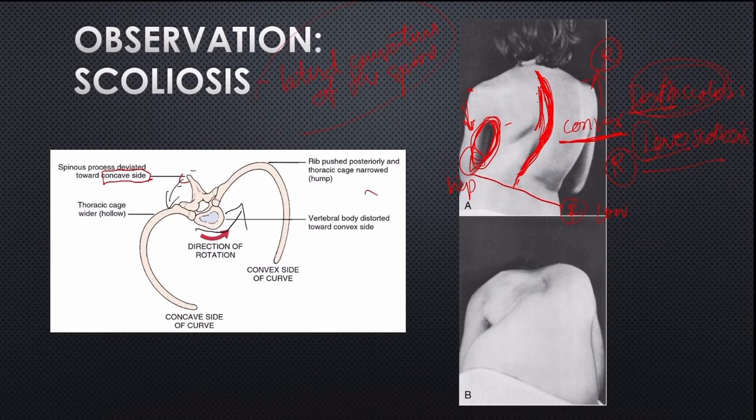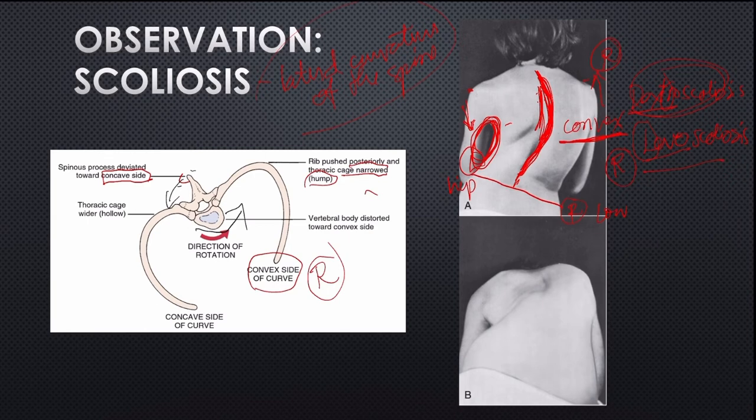There are also other things that happen here, especially to the ribs. On the convex side, or on the right side this time, this is what's happening to the ribs. The ribs are pushed posteriorly, and the thoracic cage is narrowed. There's a rib hump on that side.